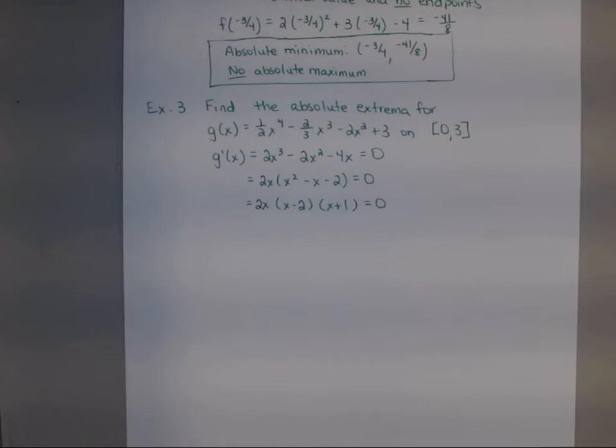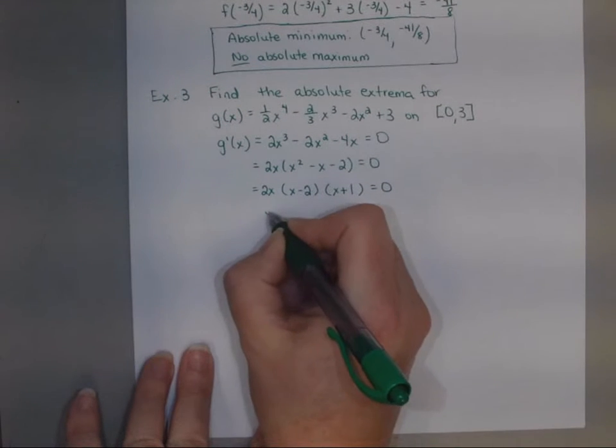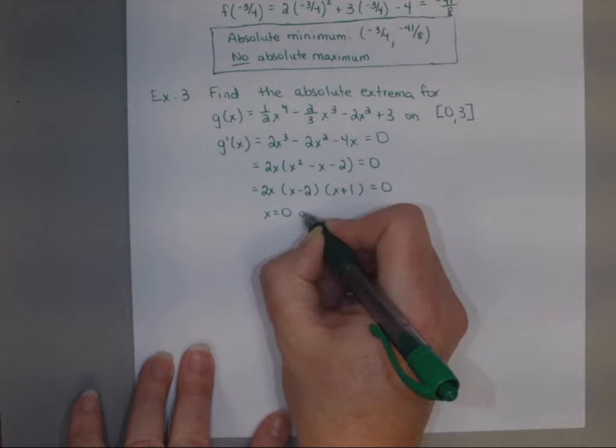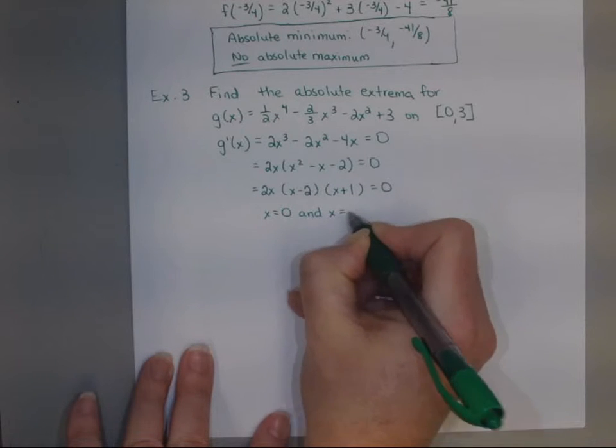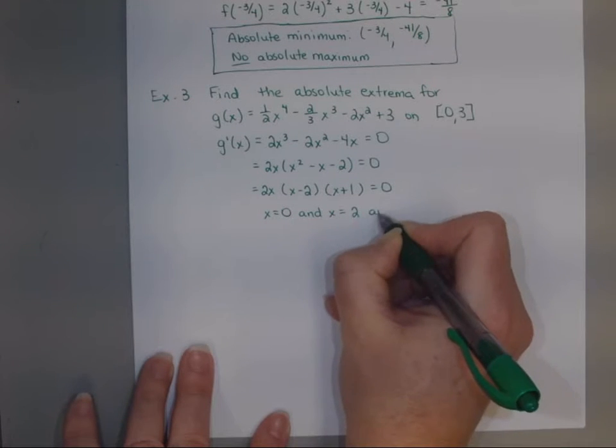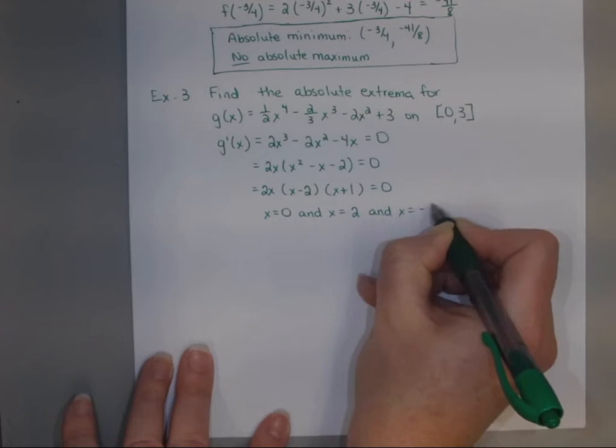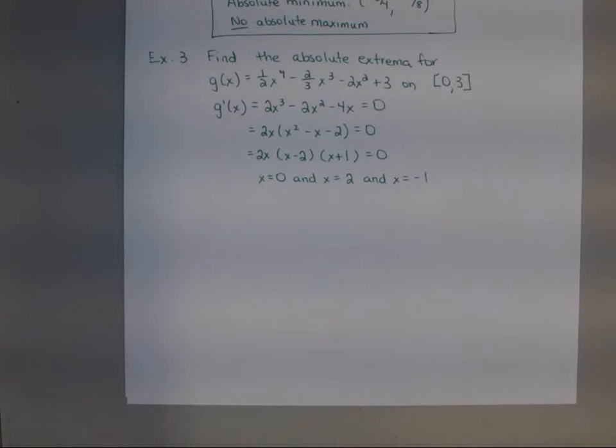Minus 2 and plus 1. What if it doesn't factor? You have to use your old favorite friend, the quadratic formula. I know we don't love that, but that's what you have to do when it doesn't factor. So we get x equals 0, x equals 2, and x equals negative 1.